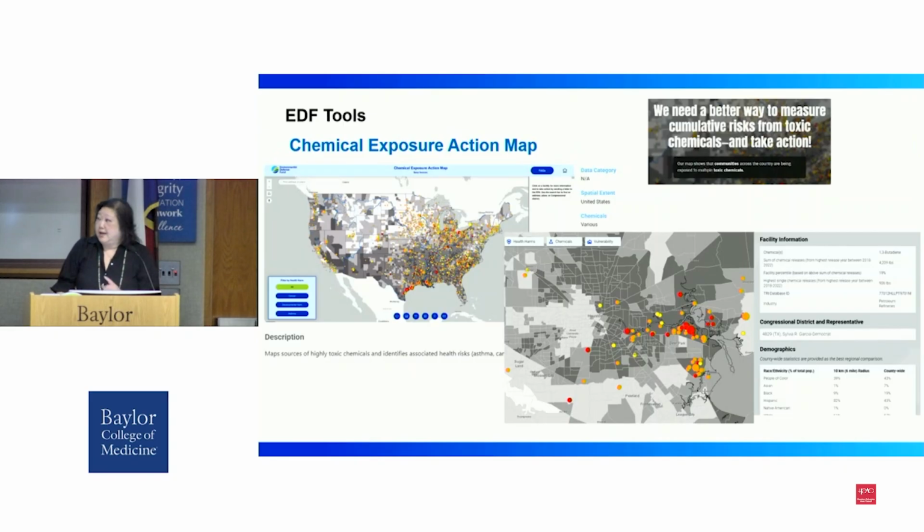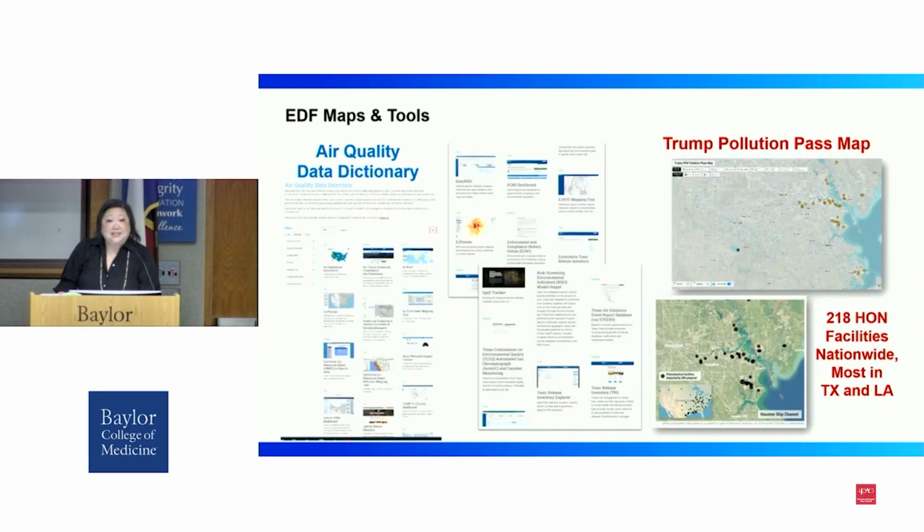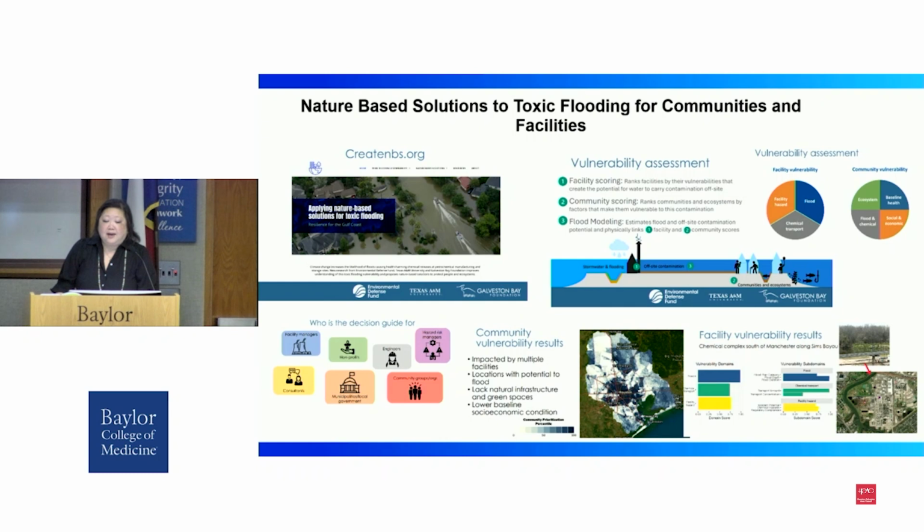I will say that I know I'm running out of time, so I've got a ton more slides. I'm just going to show you that you can avail yourself of these different EDF created tools, and there's an air quality data dictionary which links you to a lot of different air pollution resources and other things that we created with Texas A&M that rank facilities and their climate vulnerabilities, such as from hurricanes and flooding.